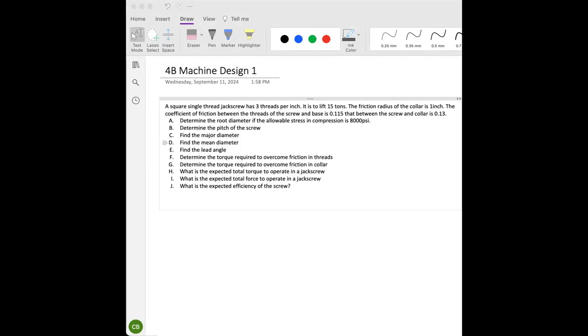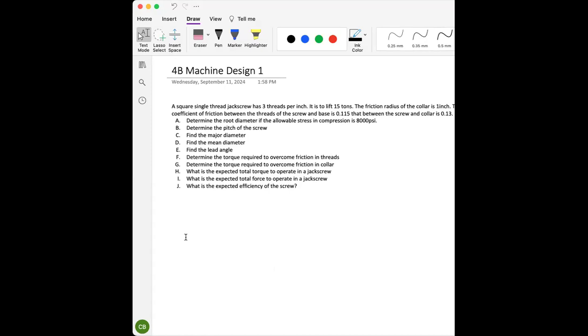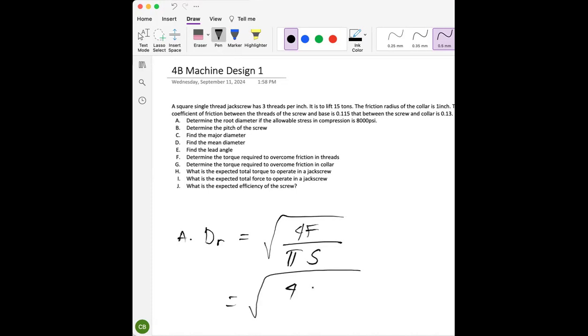So to determine the root diameter, we will be using DR. DR, or the root diameter, would be the square root of 4F over pi S, the stress, sorry. F would be, of course, the 15 tons.